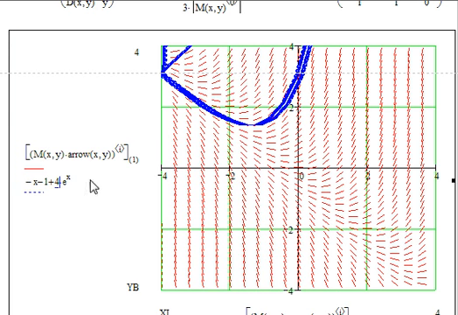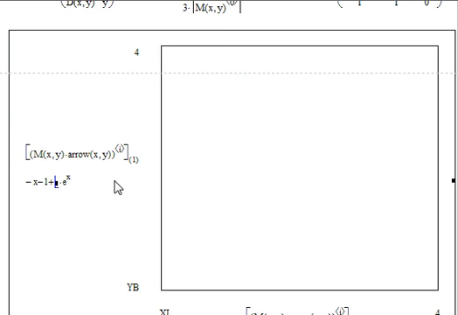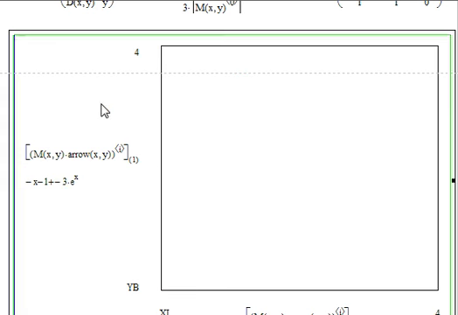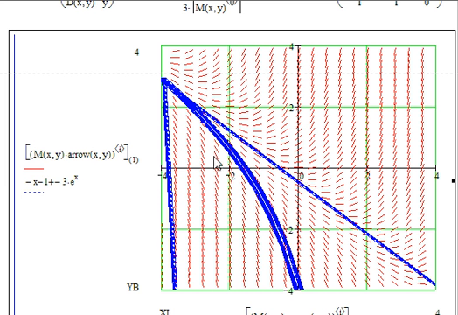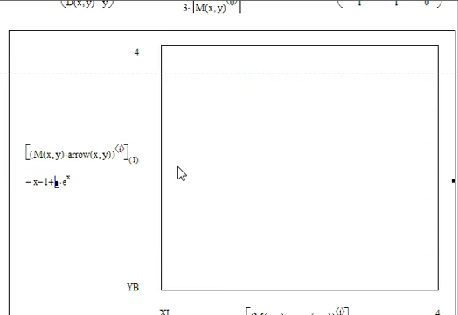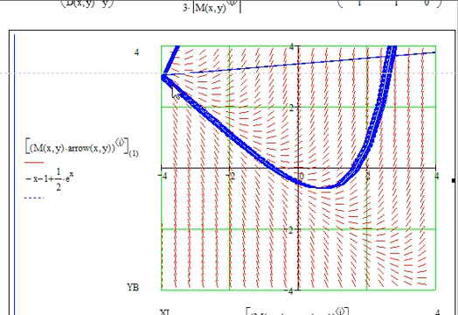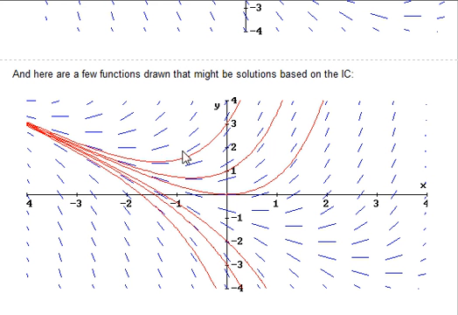And if I put in negative 3, I get some of the curves that might go in this direction. And if I put in 1/2, I get the curves that might come down here like this. I'm just trying to show you how these curves are potential solutions of this differential equation.